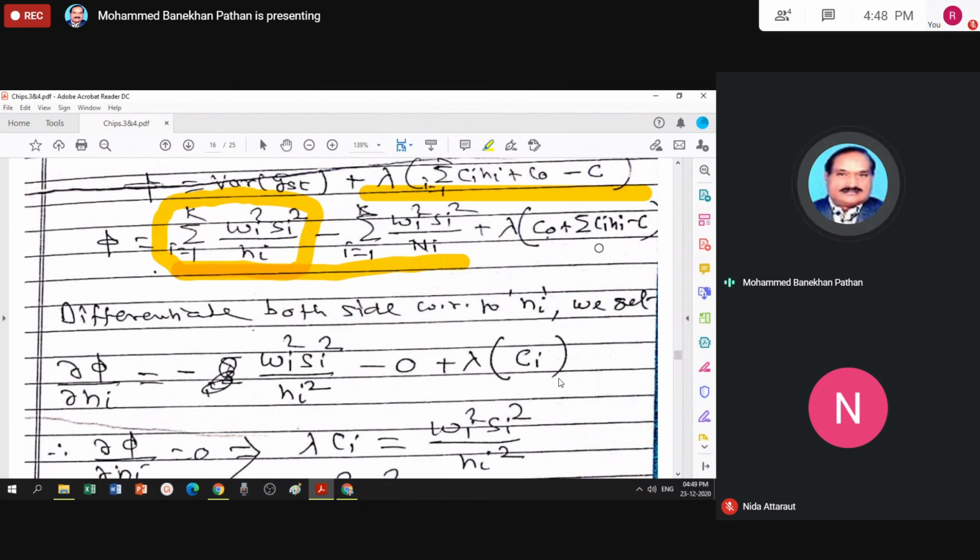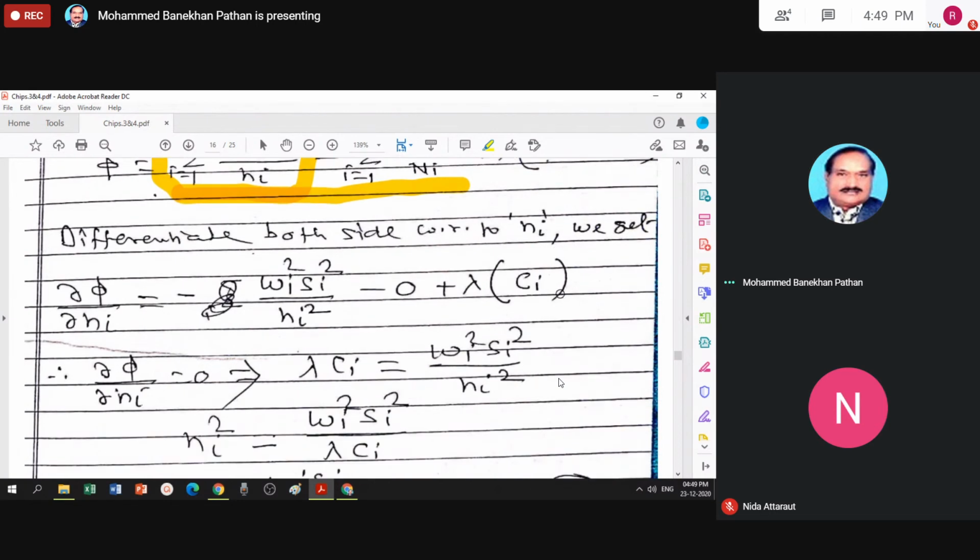You are differentiating at a particular i, so the summation dropped. Differentiation of ni with respect to ni is 1, so ci will remain. And differentiation of c is 0 again, because differentiation of a constant is 0. So you get this step.